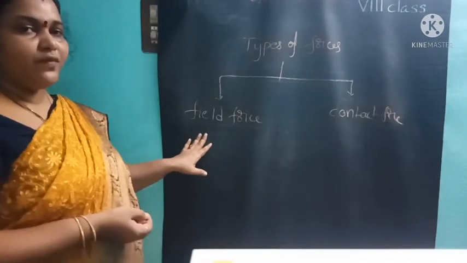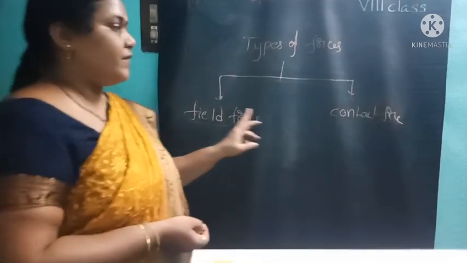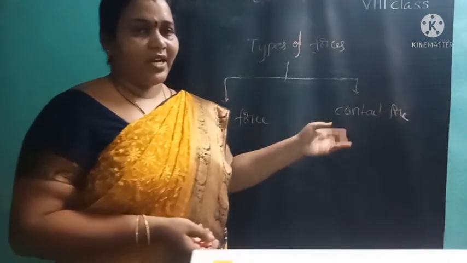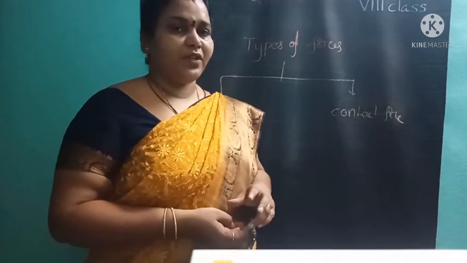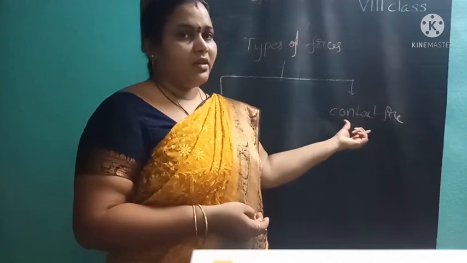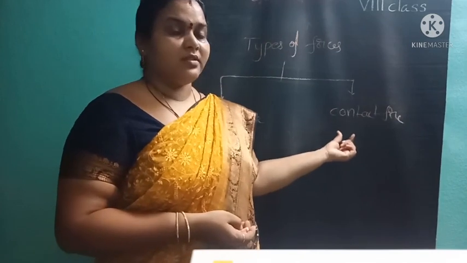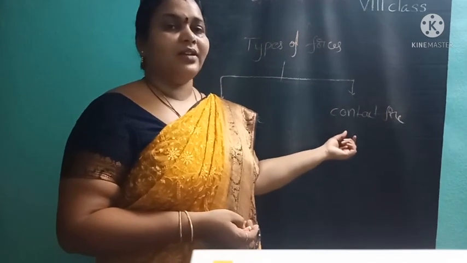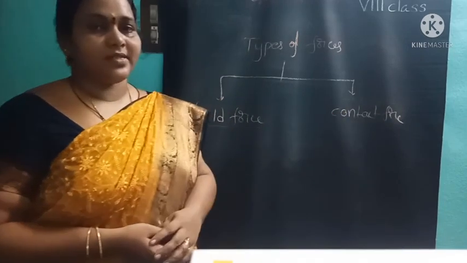Here magnetic force, gravitational force and electrostatic forces are field forces. What is contact force? Direct physical contact between two interacting objects is known as contact force. Here muscular force, friction, normal force and tension are contact forces.